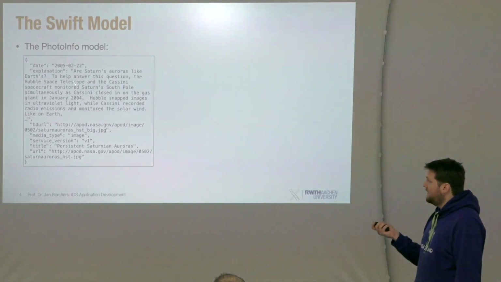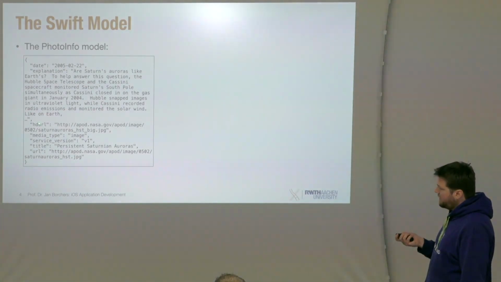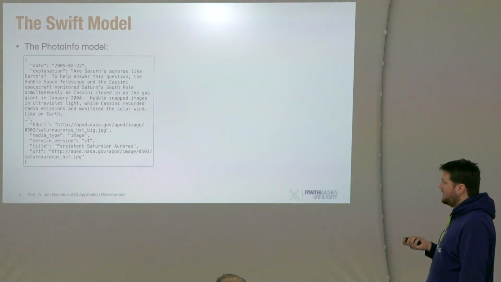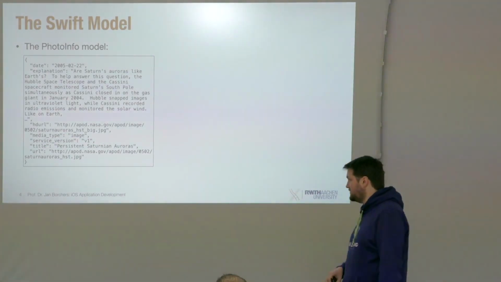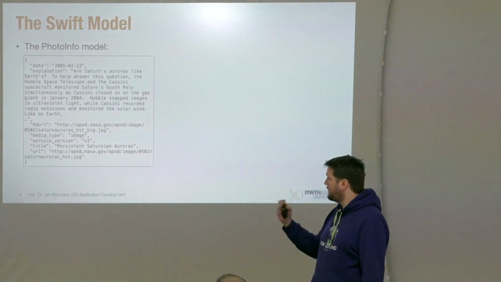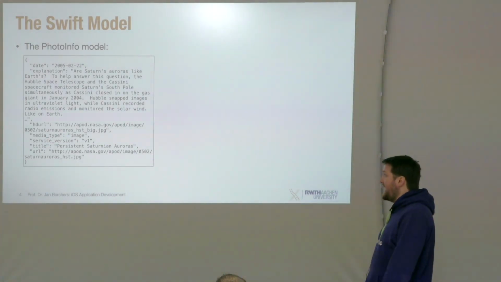You have, for example, the date, an explanation for the image, a probably high definition URL, what media type, whether it's an image, the title, what am I seeing, and a URL to the image of the picture of the day.